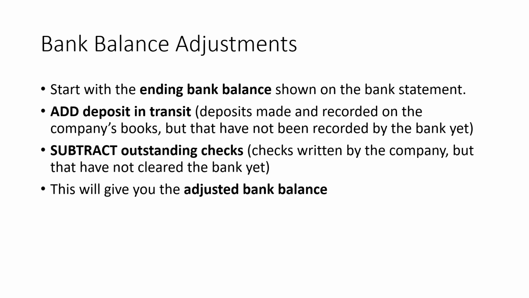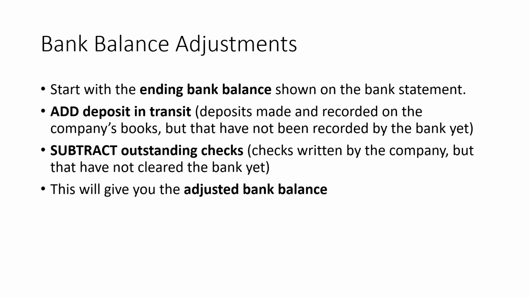The starting point is the ending bank balance shown on the bank statement. You'll add in any deposits that you've already made but that have not hit the bank yet. They just haven't been processed and added to the bank account yet. We call those deposits in transit. Then you subtract out the amounts of any checks that haven't cleared yet.